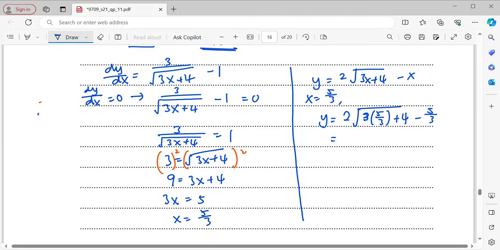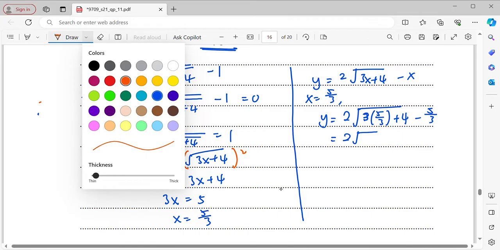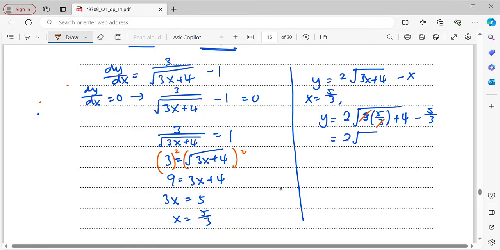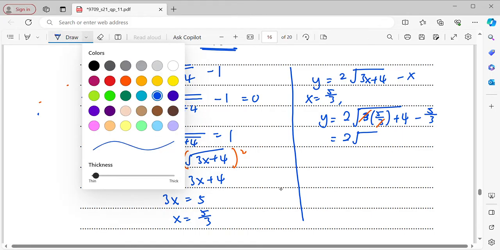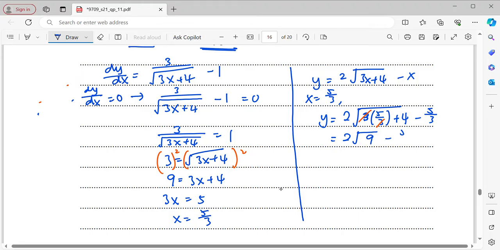Then from here, it will be 2 square root of, 3 times 5 over 3 is basically just 5. So 5 plus 4 is 9. Then you will get 6 minus 5 over 3. At last, this is 13 over 3.